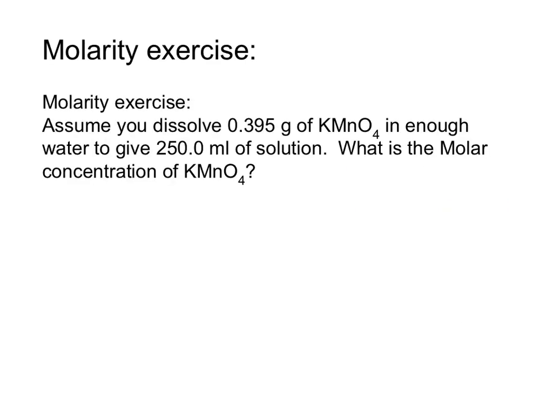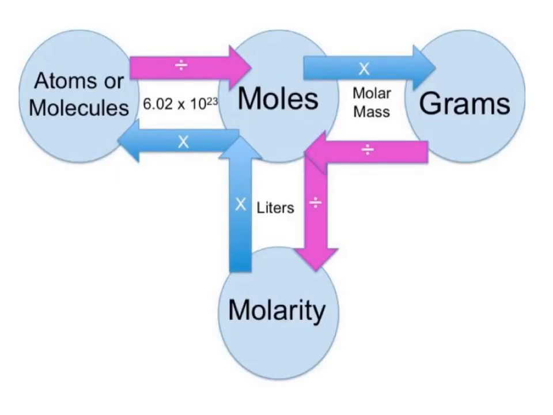Let's take a look at a fairly typical molarity problem. In this problem, we have 0.395 grams of potassium permanganate dissolved in enough water to give us a 250 milliliter solution. And we want to know the molarity of that potassium permanganate. Let's take a look back at a graphic we've seen a few times already. We've looked at this graphic before in comparing atoms and moles and grams and seeing how to convert back and forth.